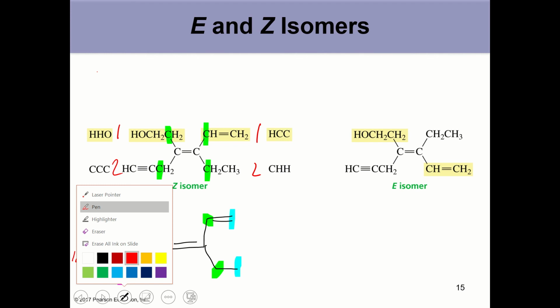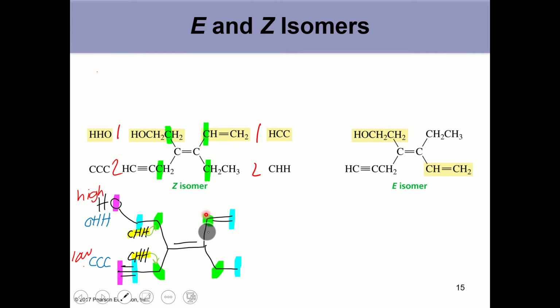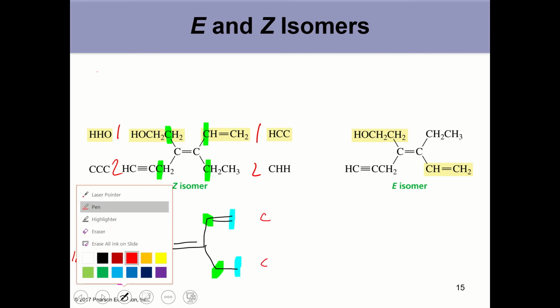If you look at the vinyl carbon on the right, at the first atom out, we have carbon and carbon as our highest atomic number. So we have C and C for our green.